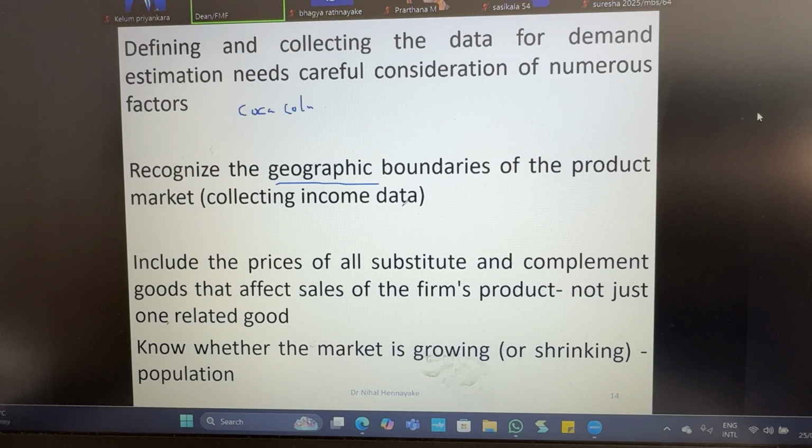Suppose that your group wants to estimate the demand equation for Coca-Cola. How can we collect the data on Coca-Cola? Price information, can you get it? If I name the product just Coca-Cola, can you collect the price information? Can or cannot? If I just say Coca-Cola. No, we cannot.